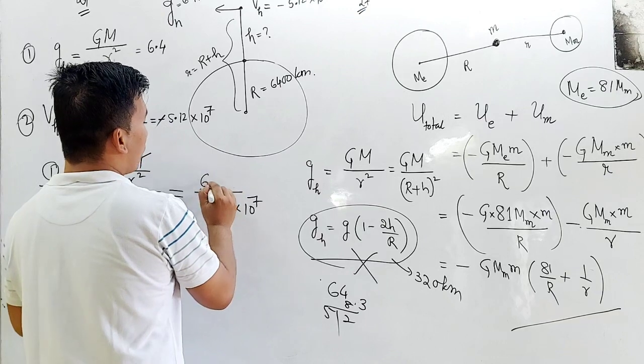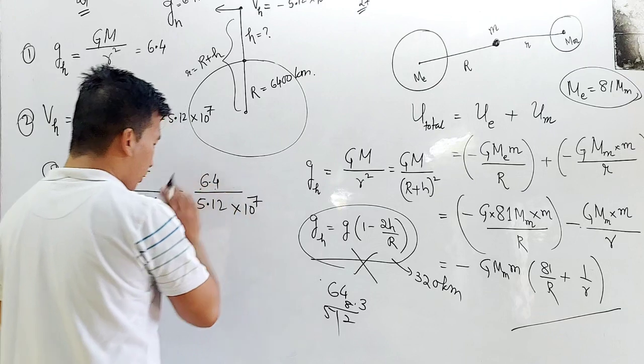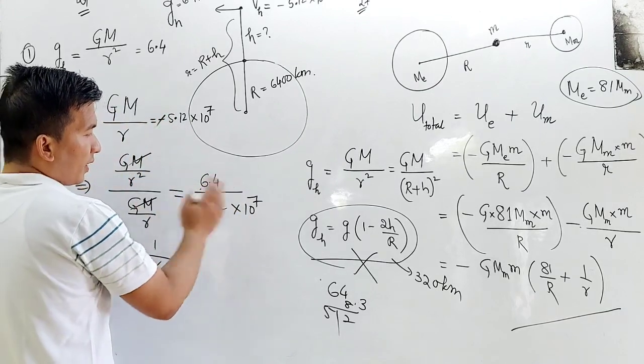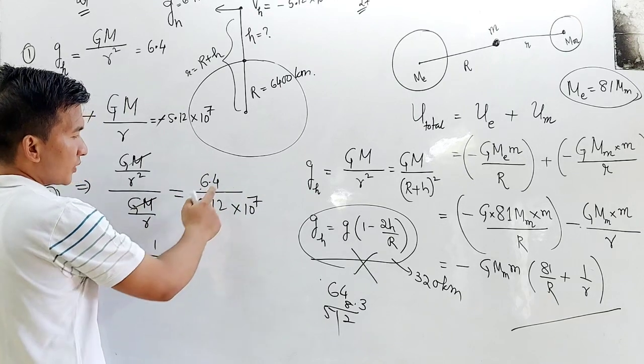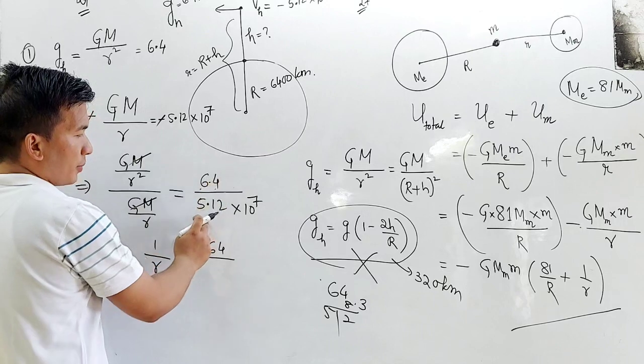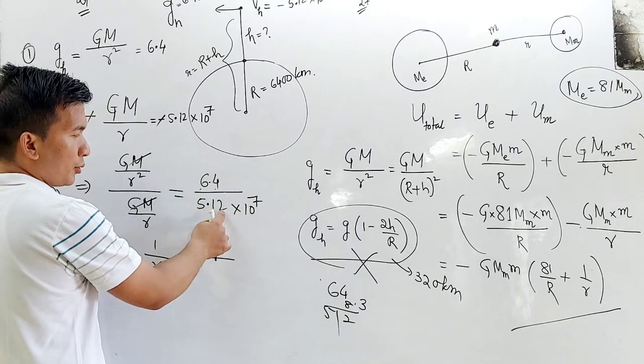This is 6.4 and this is 5.12, very simple. This will be 64 divided by this is 51.2.